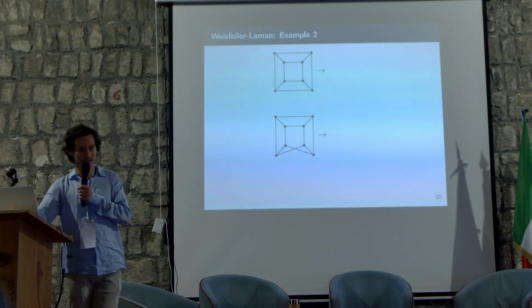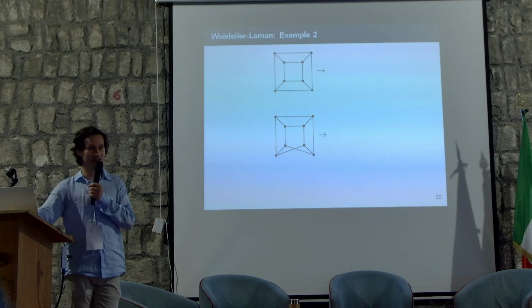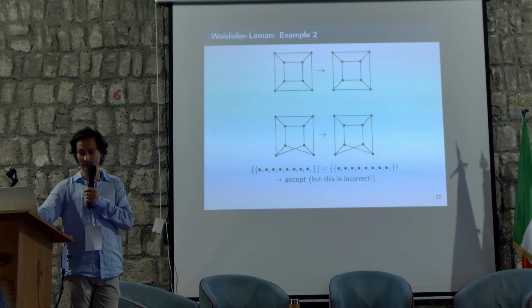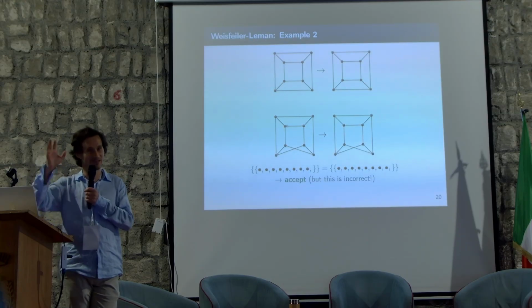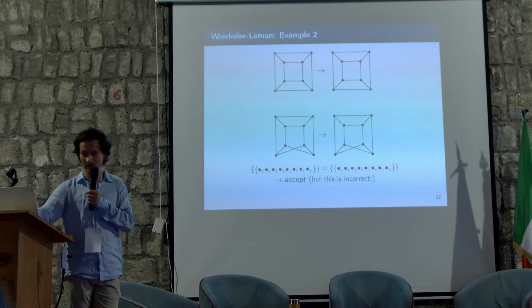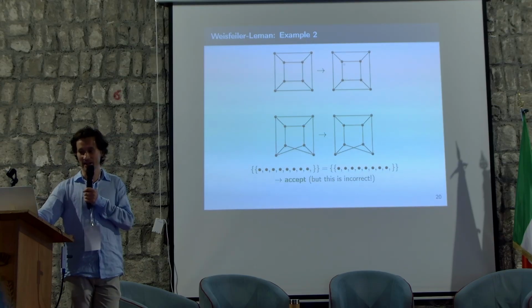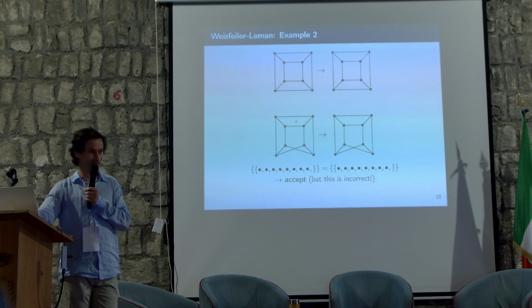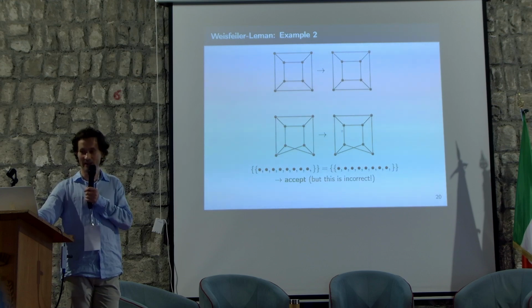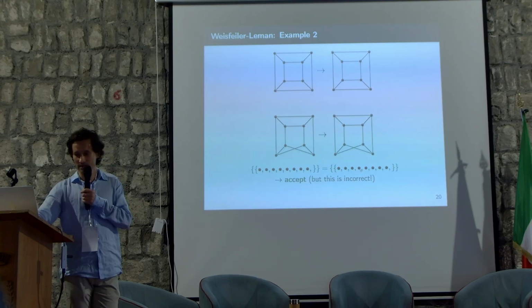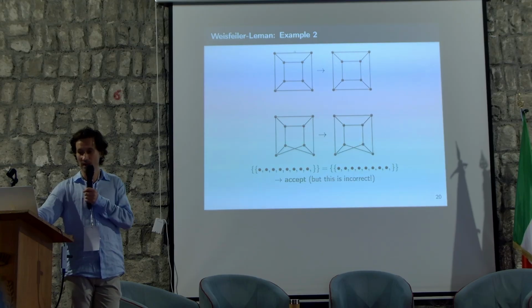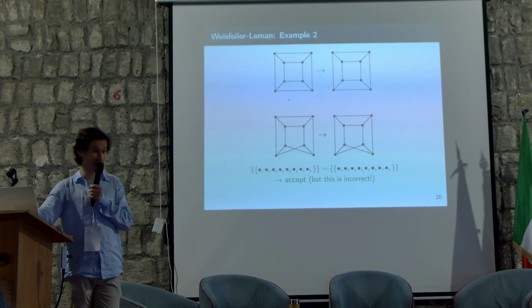This is why it's actually not complete. So we may accept 2 graphs, so-called difficult for Weisfeiler-Leman, where we actually already have a stable coloring. And this is why we can apply it as many times as we want. We still have the same coloring, the same colors for the graphs. We accept, but they are obviously not isomorphic. Okay?